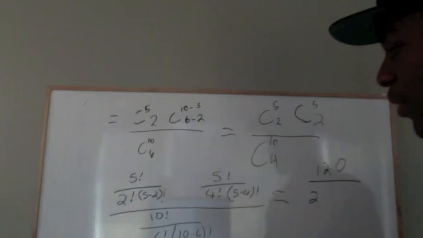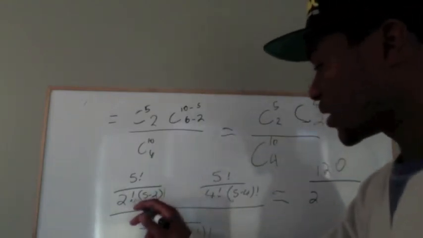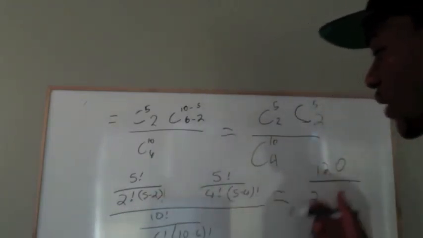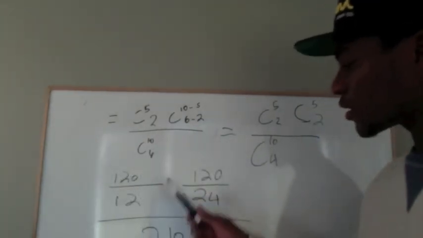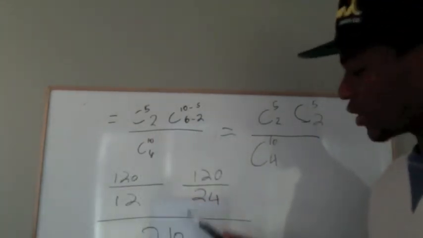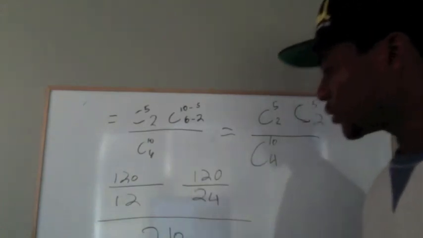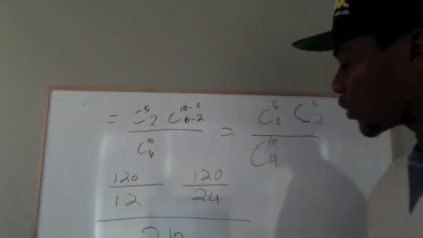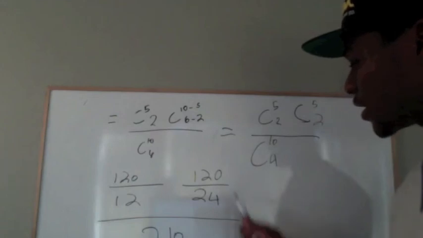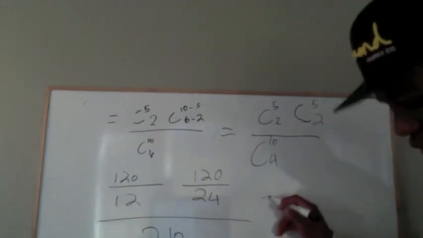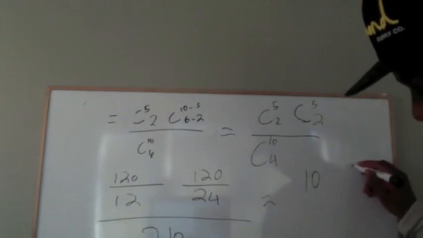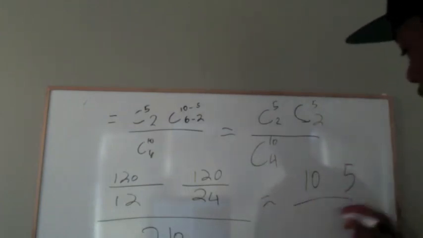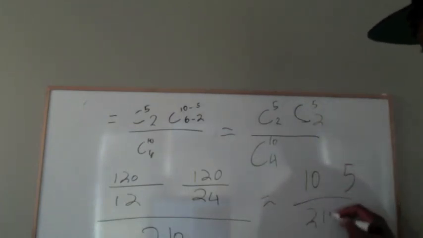Now you have to remember that just because you know what this equals doesn't mean you just write it down. Use your calculator. Now when you multiply it, this is what your answer should come out to. And all you simply have to do is divide 120 by 12 and 120 by 24, which should give you 10 and 5 divided by 210.